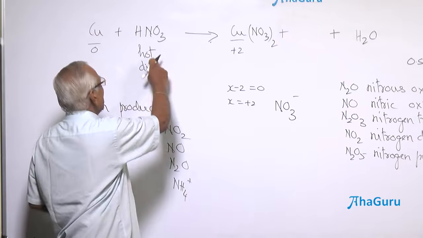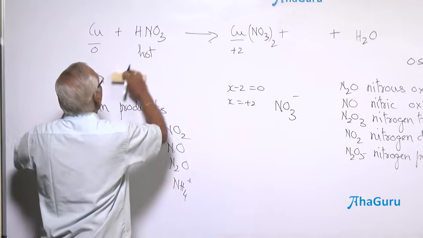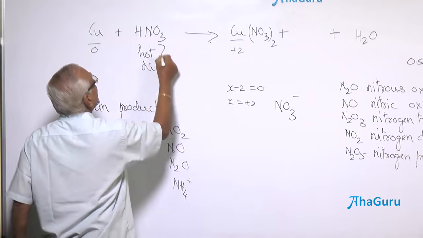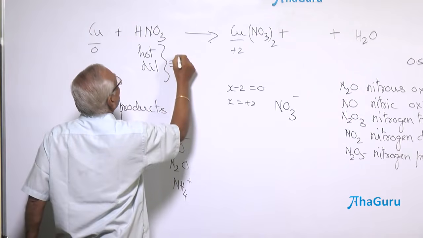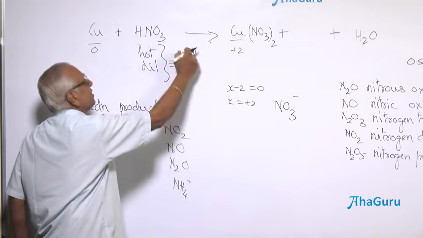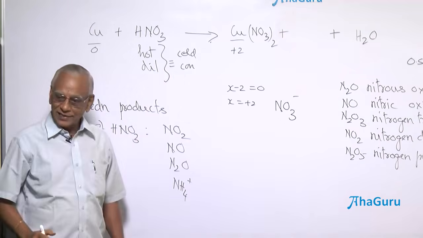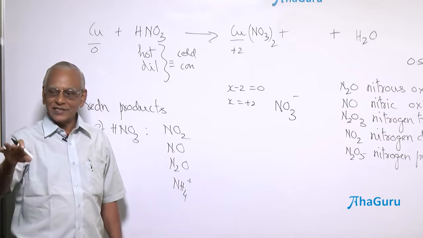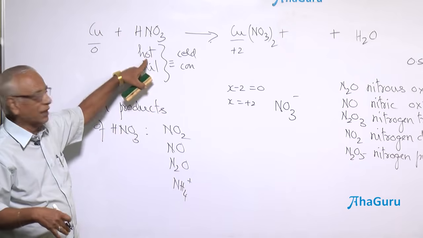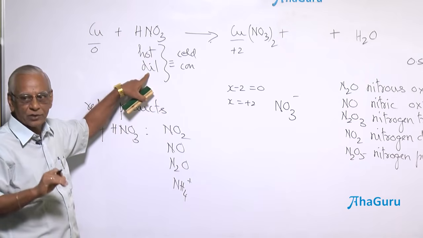Now, let me take hot dilute, correct. Hot dilute invariably is equivalent to cold concentrated. The temperature is reduced, but the concentration is increased. So, that is being compensated, isn't it? The conditions are compensated. If you are using it hot, you must use dilute.